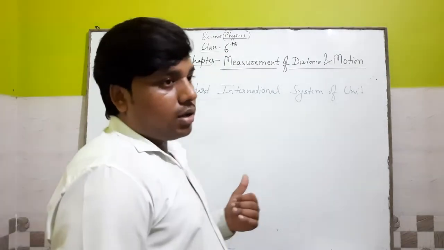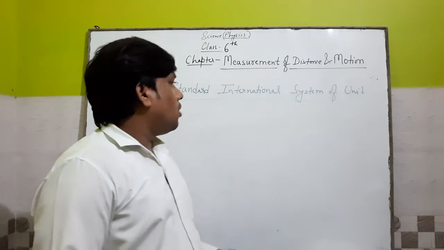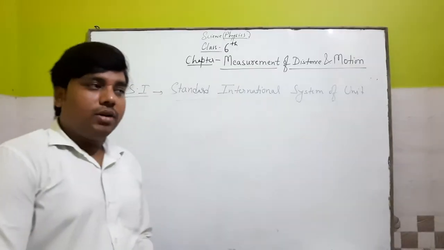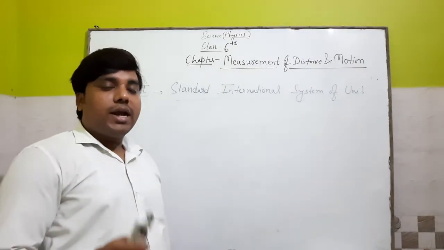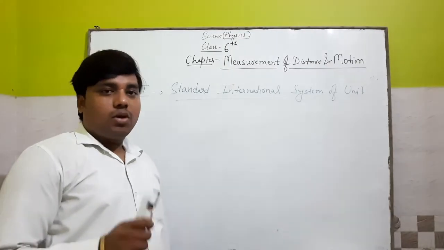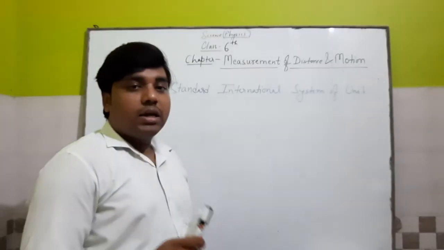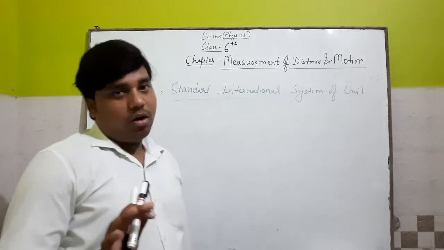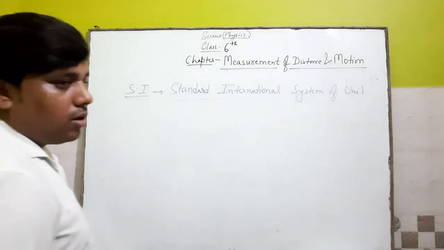If you are in America or another country, and anyone asks you the SI unit of length, you again say it is the meter, because these SI units are the same all over the world. Understood? Okay, next.